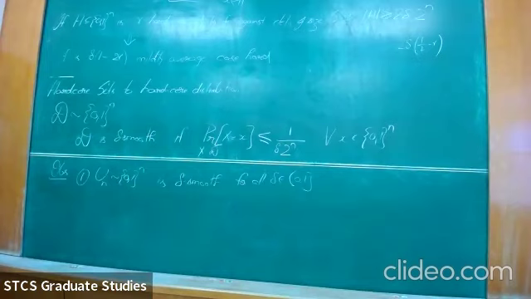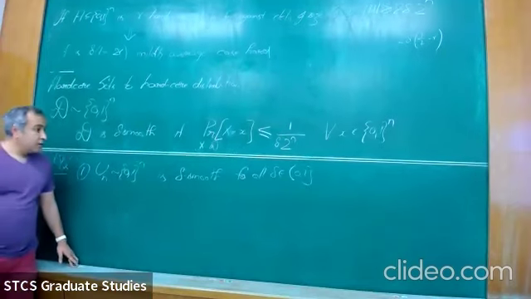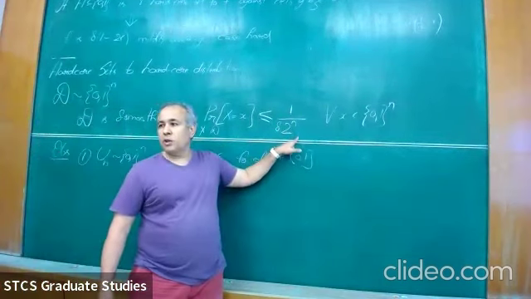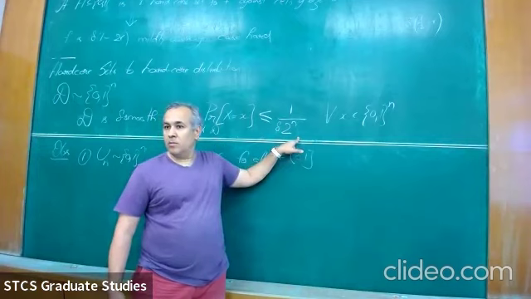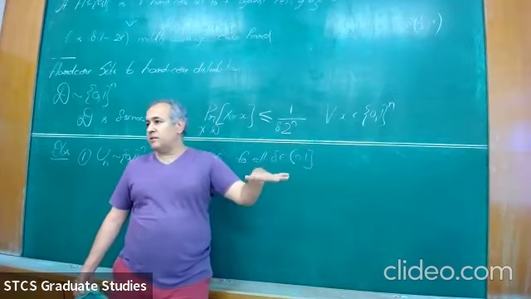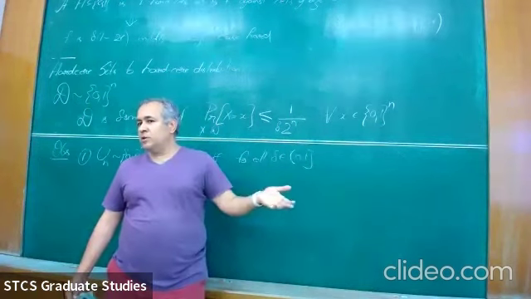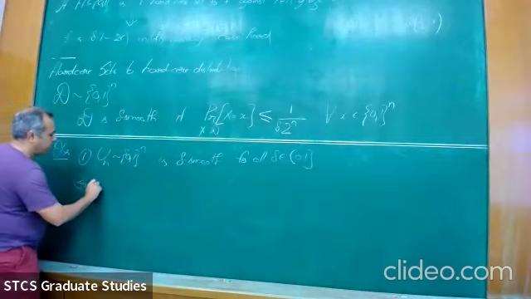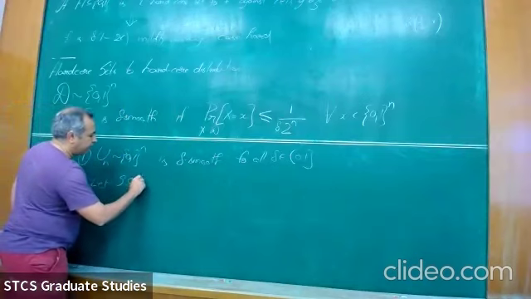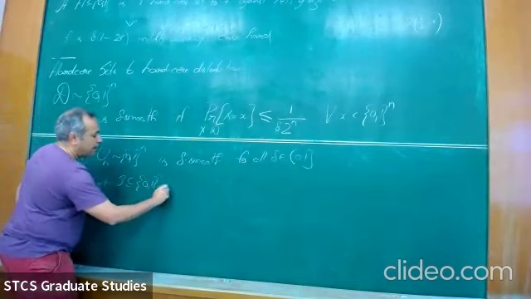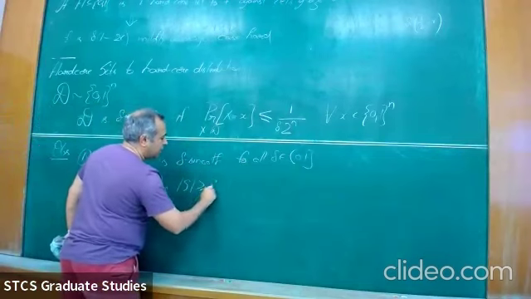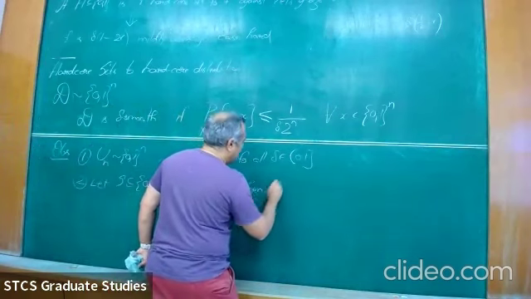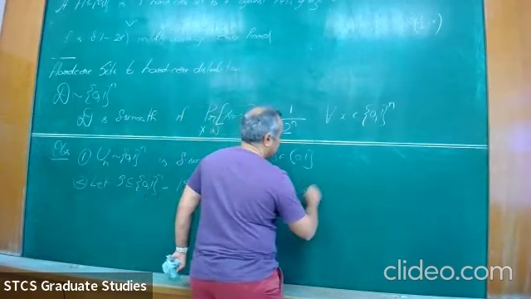Also, suppose you take a set of size at least delta times 2^n, and then just take the uniform distribution on that set. So let S be any subset of {0,1}^n with size of S greater than or equal to delta times 2^n. Then the uniform distribution on S is also delta smooth.